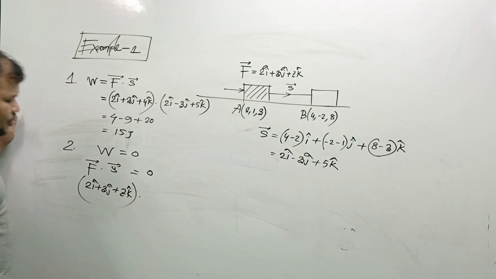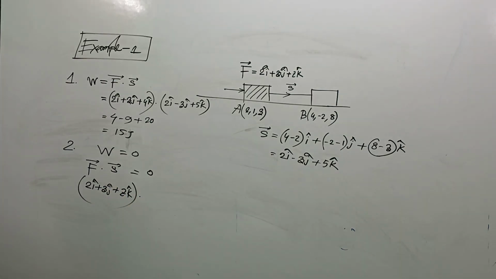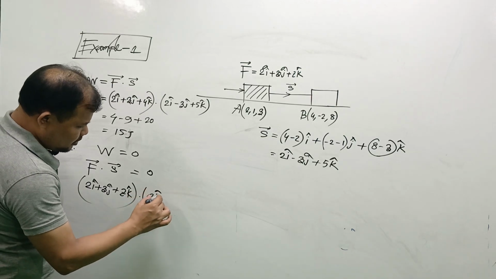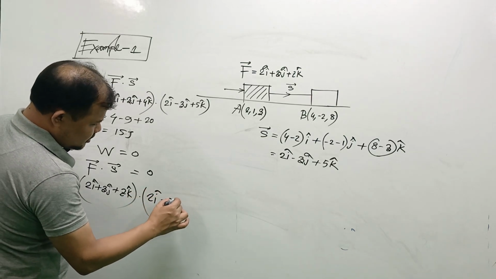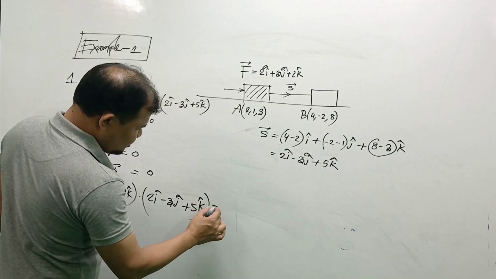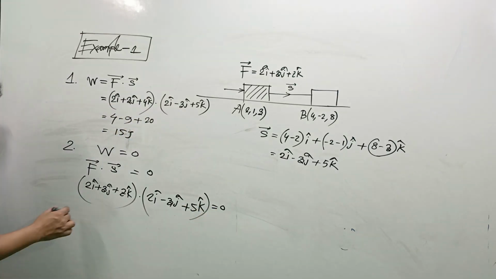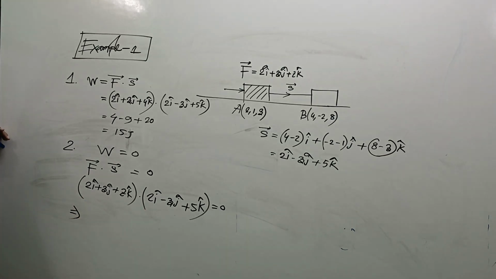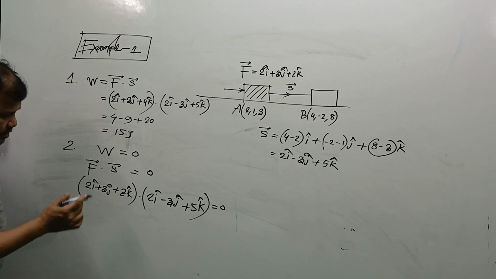Now we put the dot sign here. Now we write displacement, 2 i cap minus 3 j cap plus 5 k cap, is equal to 0. My dear student, if we complete this dot product, then we get the value of z.